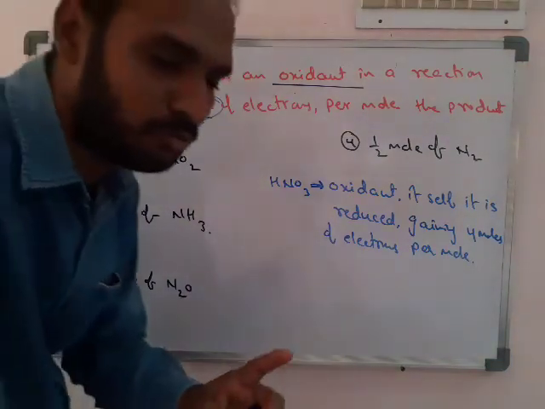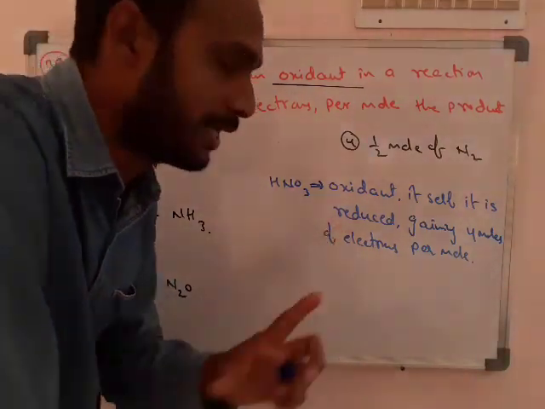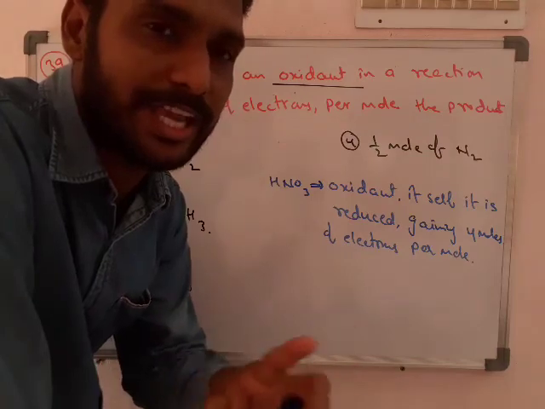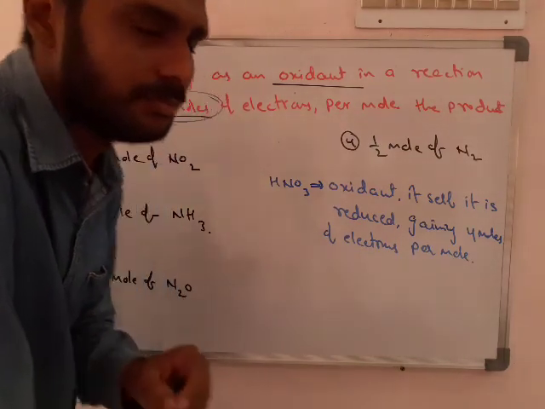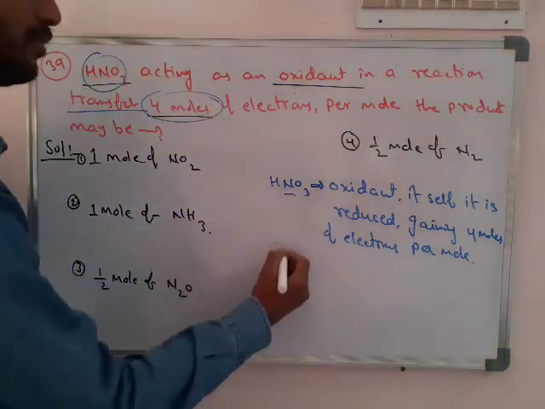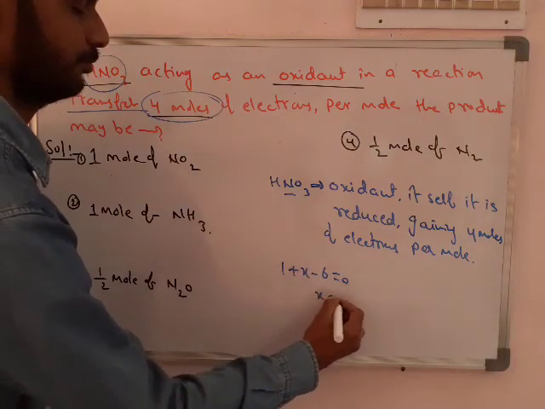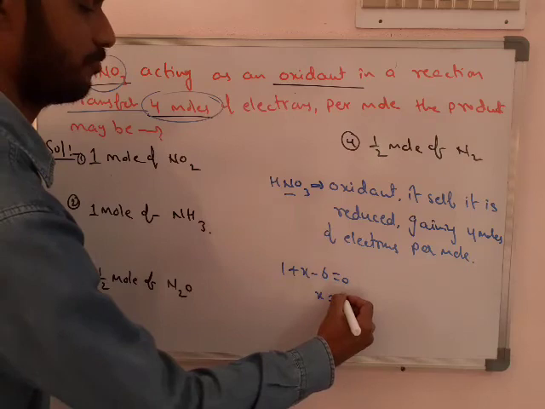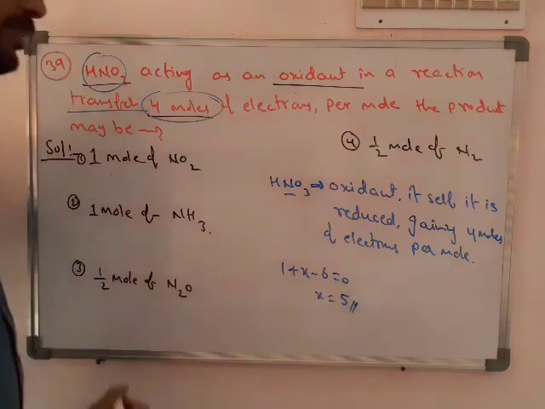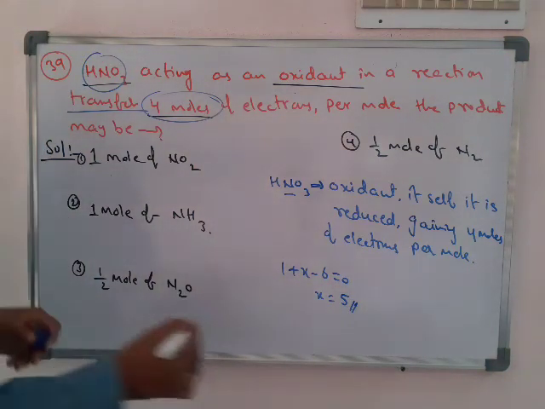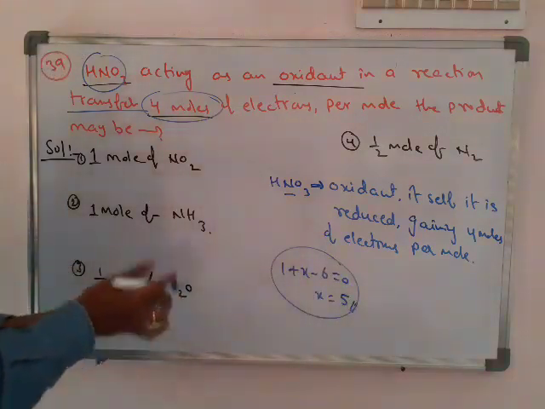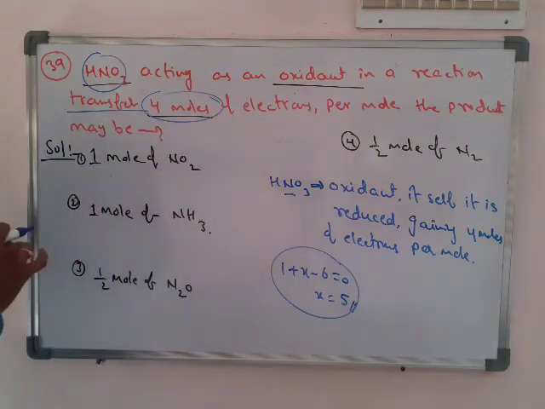Okay, 1 mole reduction, it gained 4 electrons. So what is the oxidation number of nitrogen? X equal to 5 oxidation number in the nitric acid, and we have to compare this with all options.